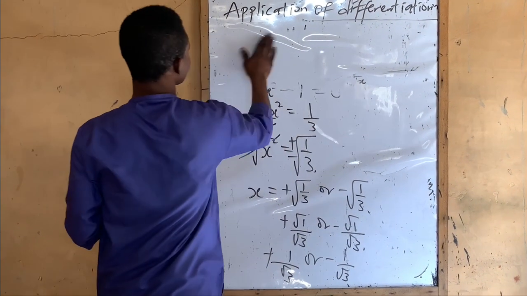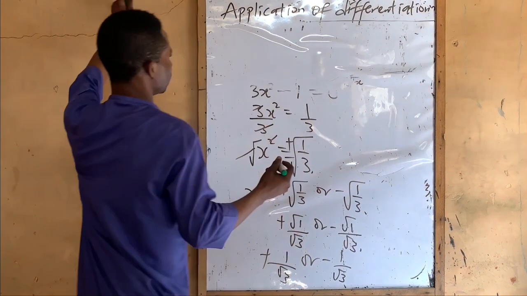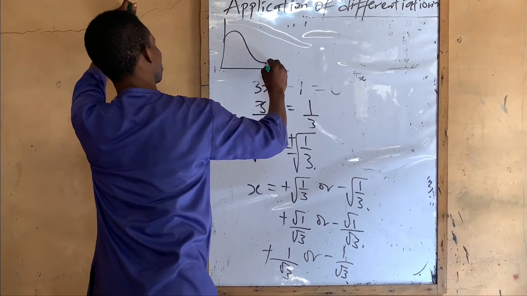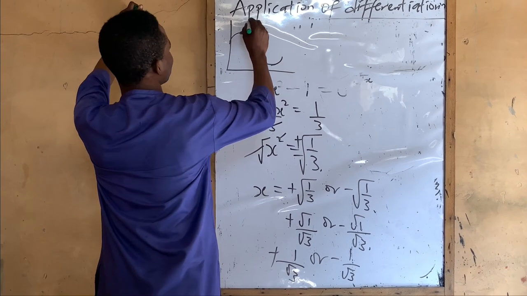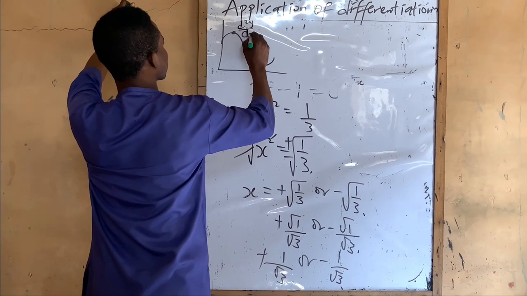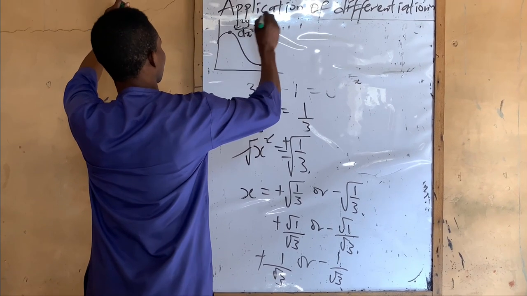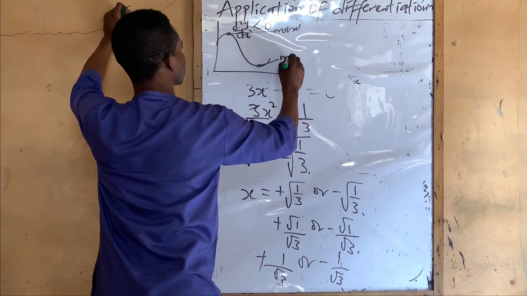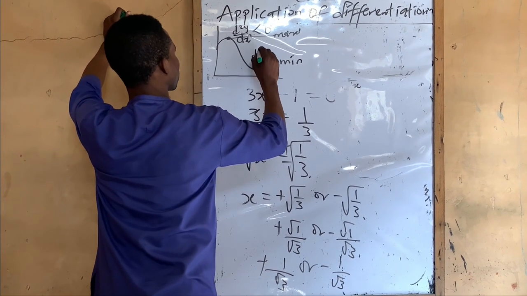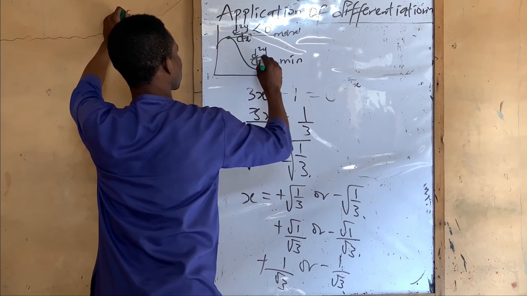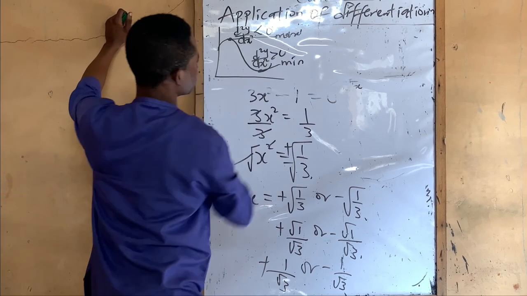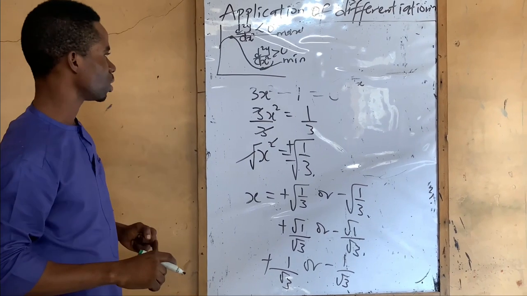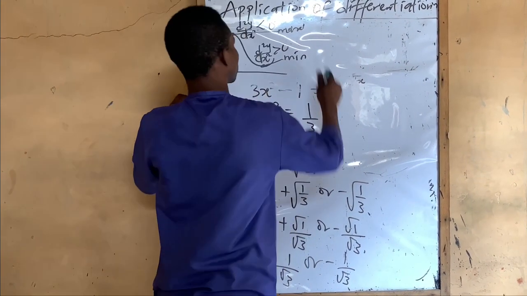And our stuff says that when you draw the graph, this is maximum. And this d squared y all over ds squared is less than 0 at maximum. But this minimum, this d squared y all over ds squared is greater than 0 at minimum. And you have to differentiate it once again.